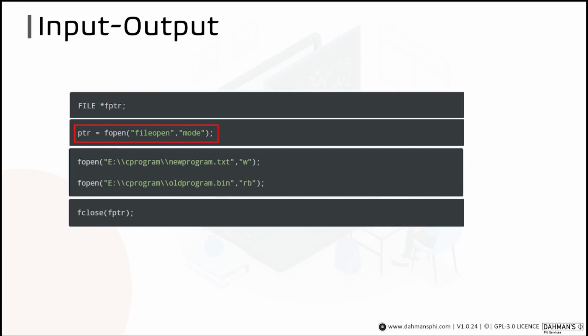Now, ptr will be the exact pointer to whatever file we have pointed to and whatever mode we're going to deal with. And finally, it is important to see that we have to close the file after we have done whatever operation we are interested in. So before we take a comprehensive example, let's go ahead and see some of these modes that we are showing on the screen.